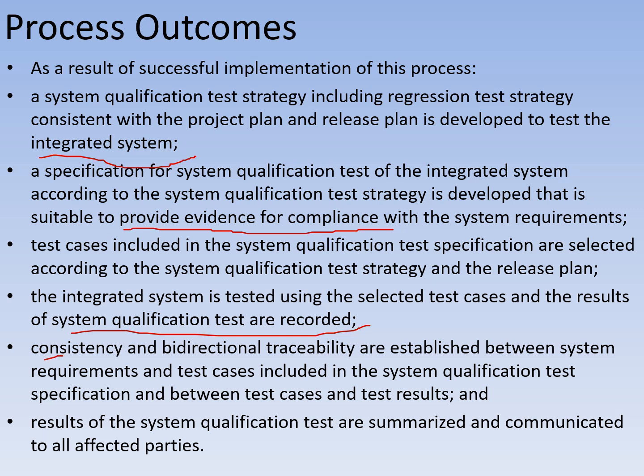By this time, you should be in a position where you take consistency and bidirectional traceability for granted. These are given at the end of every SYS level step. This consistency and bidirectional traceability should be clearly established. And finally, the results are summarized and communicated to all the affected parties.